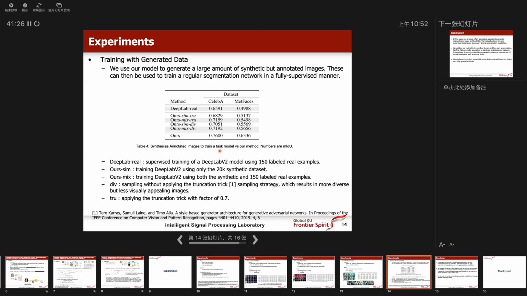The proposal can achieve good generalization for the out-of-domain dataset, MetFaces.